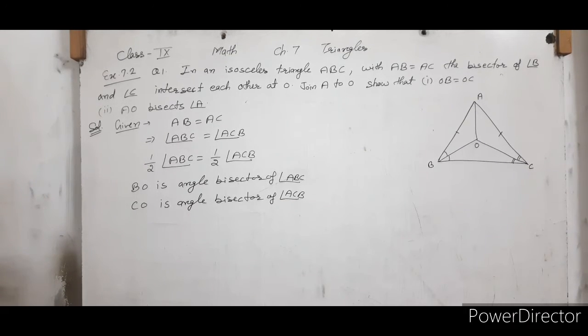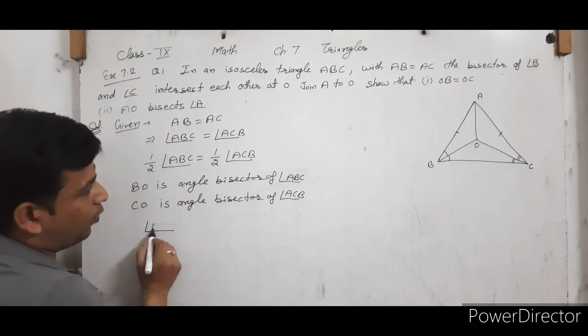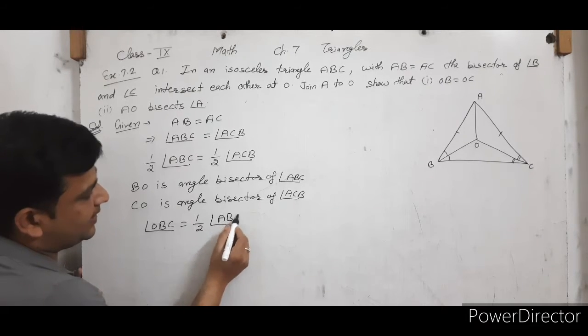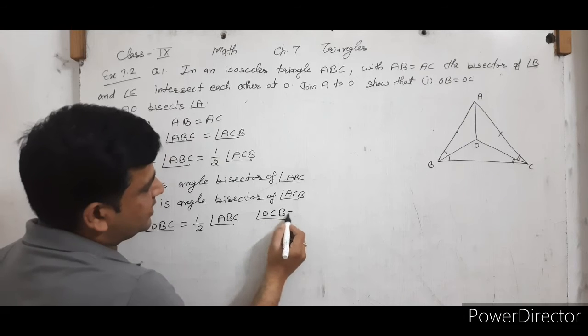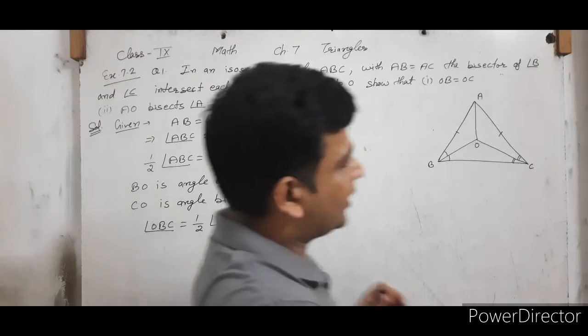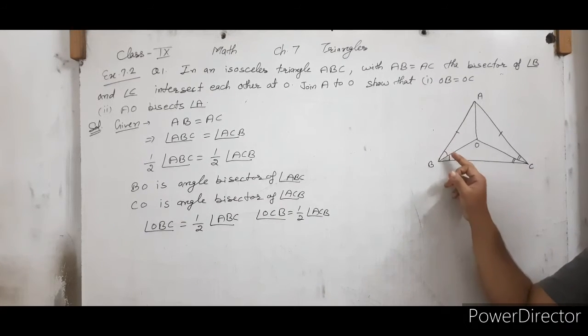If these are angle bisectors, that means angle OBC is equal to half of angle ABC and angle OCB is half of angle ACB. These are angle bisectors, that means they divide the angles into equal parts.